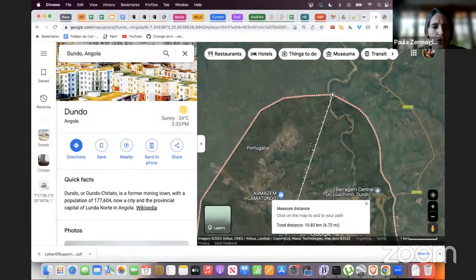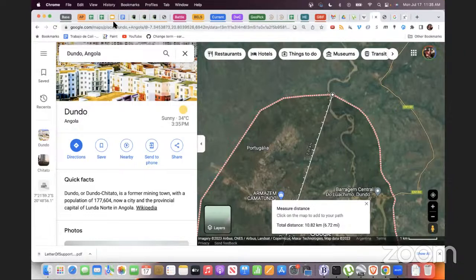I see a hand up, Bushari. Yes, I did have the same problems when I wanted to draw my polygons, because the tools that I used didn't give me a polygon, so I had to draw the polygons by myself.